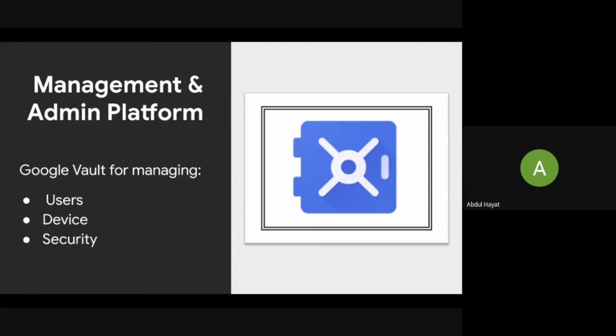Does Google have an administrative platform? Yeah, it does. So let me talk on Google Vault a little bit. It's among the core G Suite, also known as Google Apps, which allows you to determine what content you are going to allow your G Suite users to see or use.